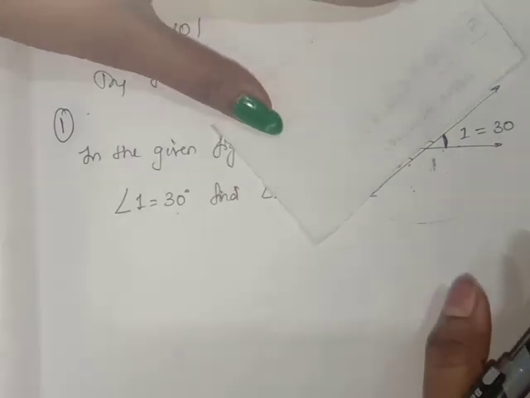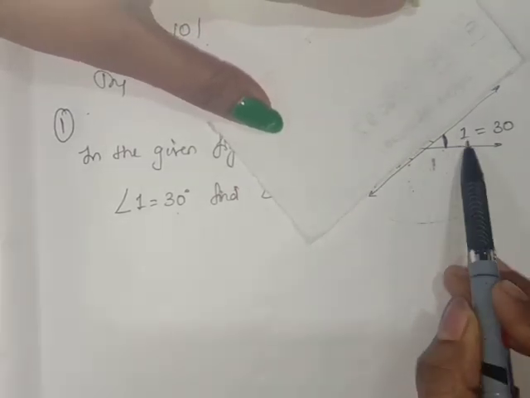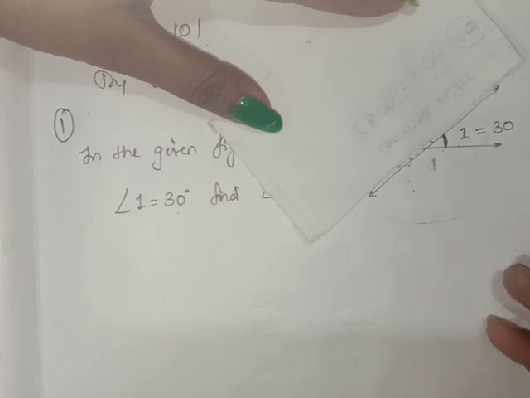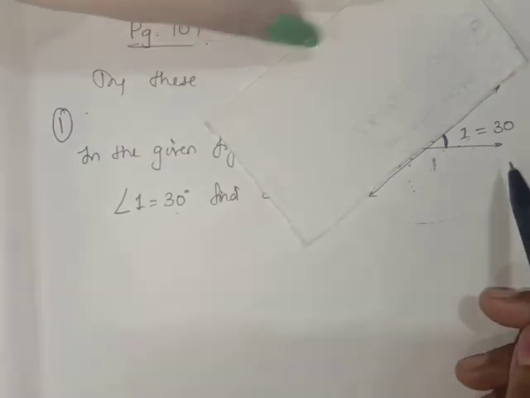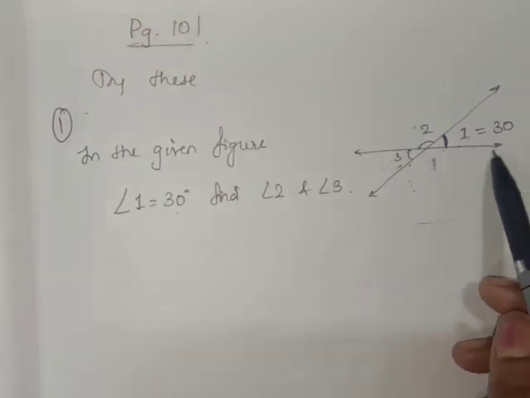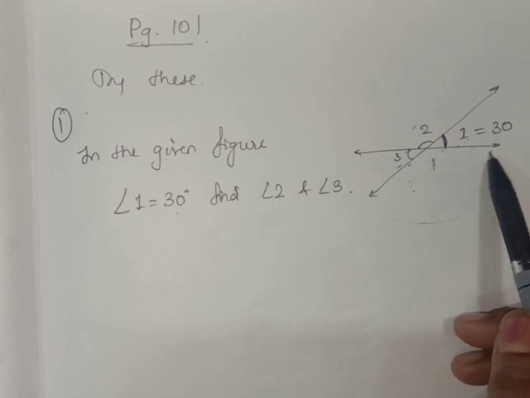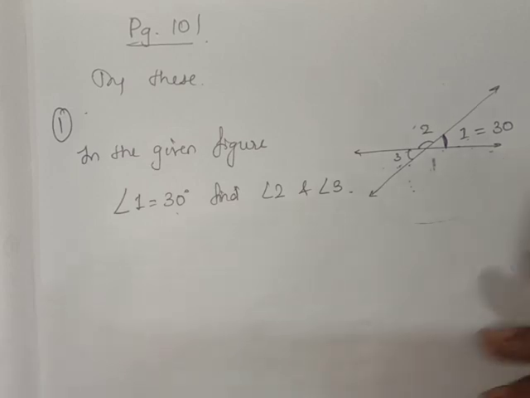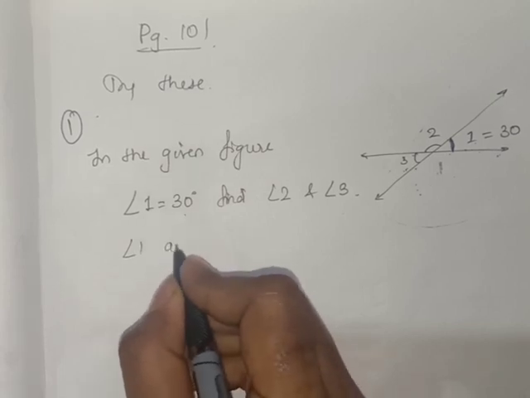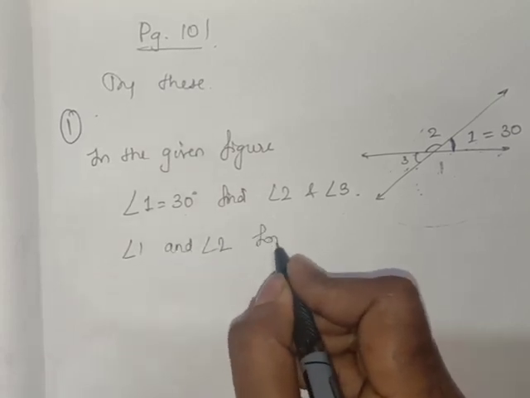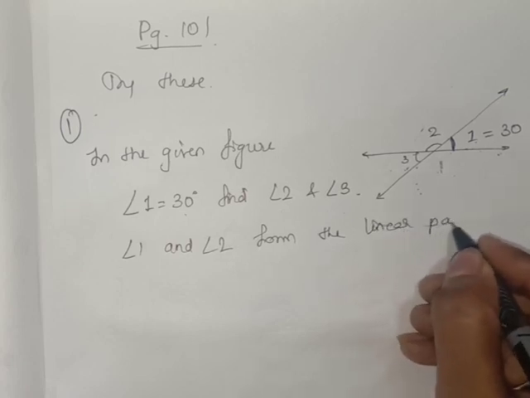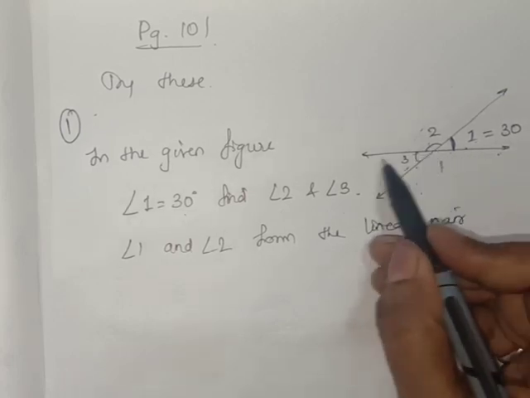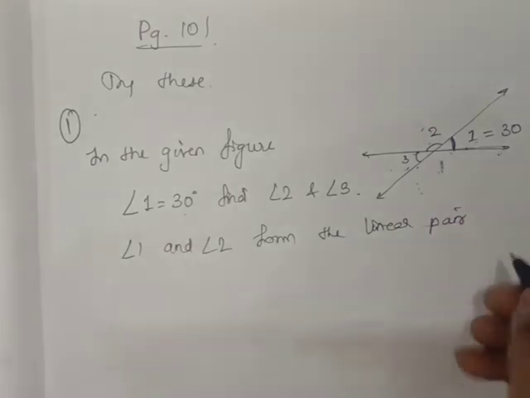So if the total is 180 degrees and one angle you already know, you can subtract the given angle from 180 degrees and you will get the answer for the other angle. Same method for finding the angle where one angle is already given: we will use the linear pair of angles. Angle 1 and angle 2 form the linear pair of angles.